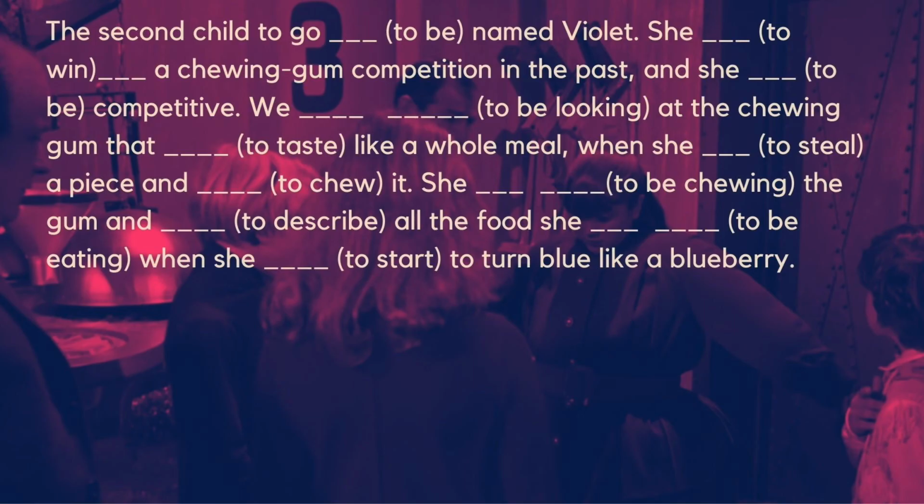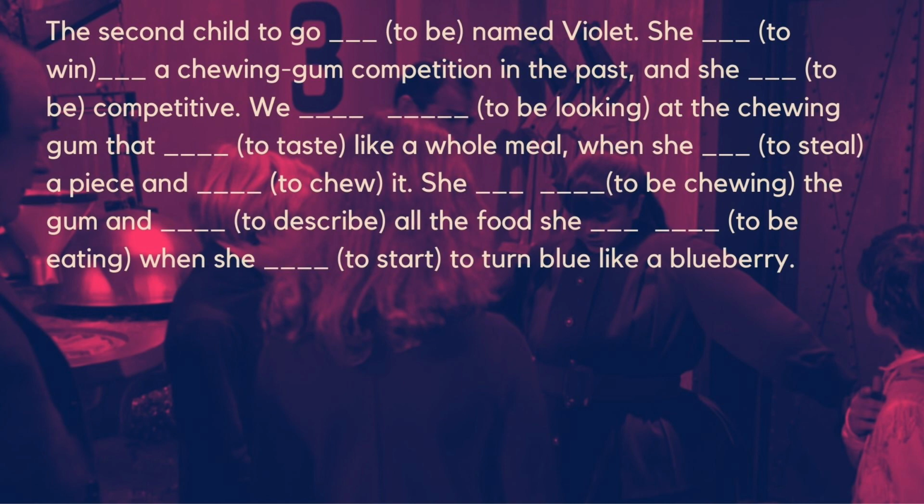The second child to go to be named Violet. She to win a chewing gum competition in the past, and she to be competitive.